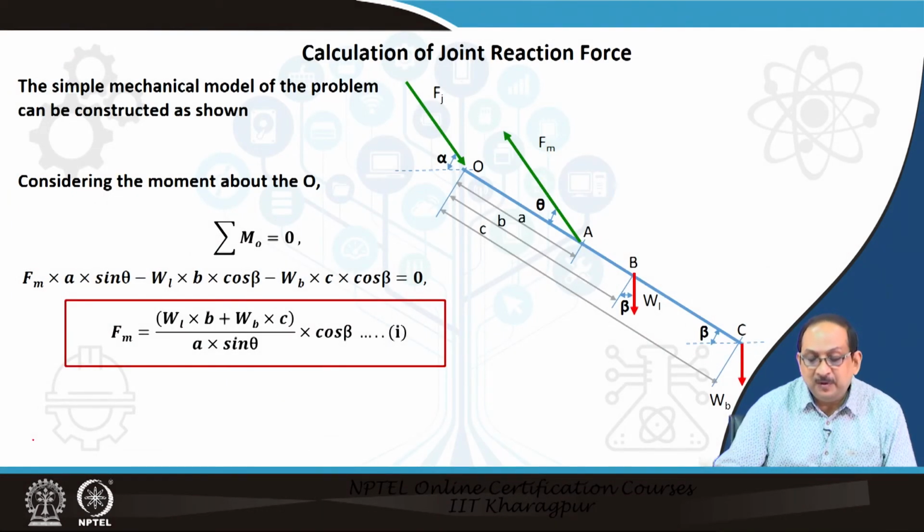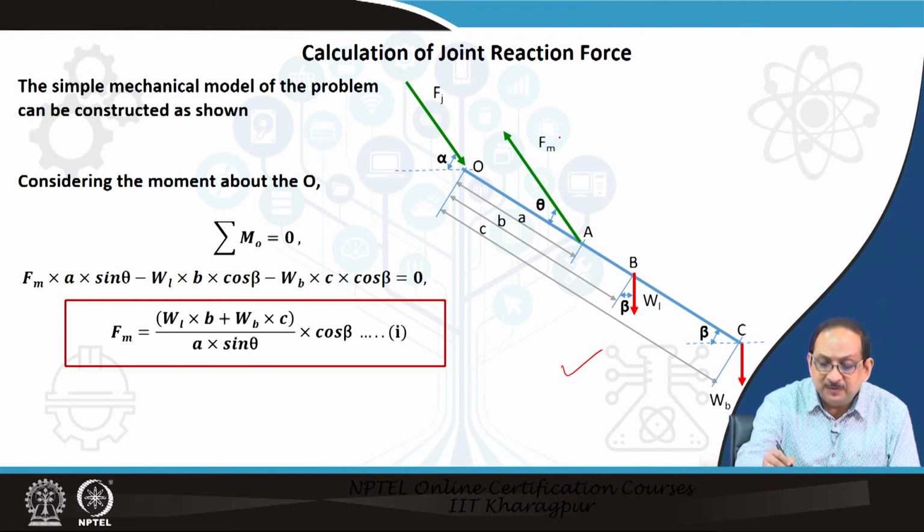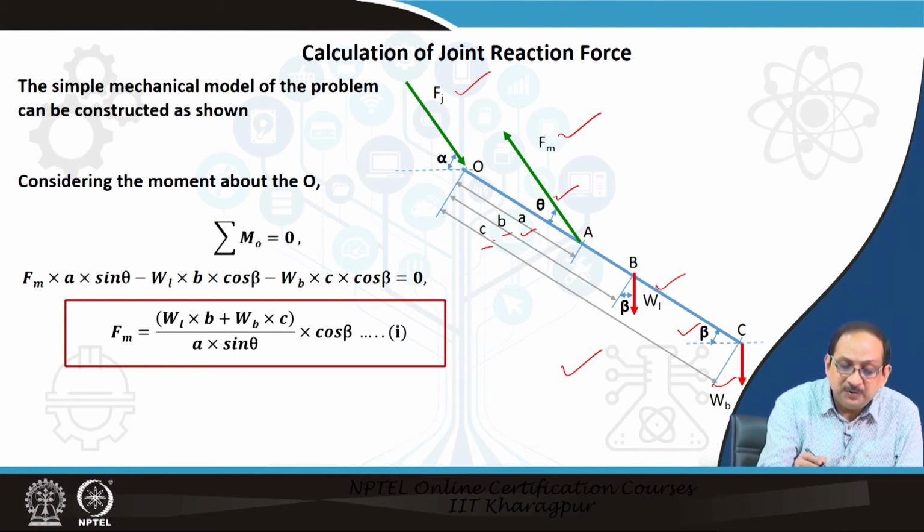The simple mechanical model of the problem can be represented as shown in the free body diagram here, where we have the muscle force, the joint reaction force, the weight of the lower limb, the weight of the boot, and the angles theta, beta, and the dimensions A, B, C. So, considering the moment about the joint center O and moment equilibrium, we can write down the equations of the moments.